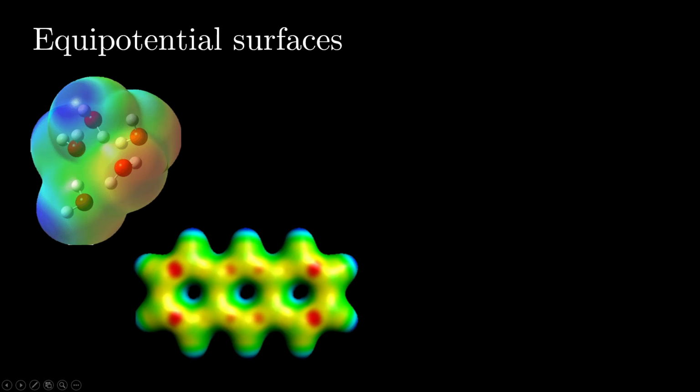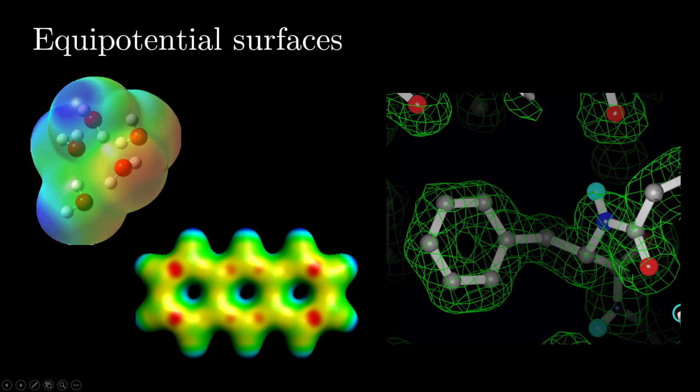For example, right here we have molecules, and this surface around the molecule is a potential surface that is colored according to the different values or characteristics of the properties of the molecule. And this is very useful and important to analyze the properties of the molecule, like the charge, the polarity, or hydrophobicity. And this is also useful for drug design, for example.